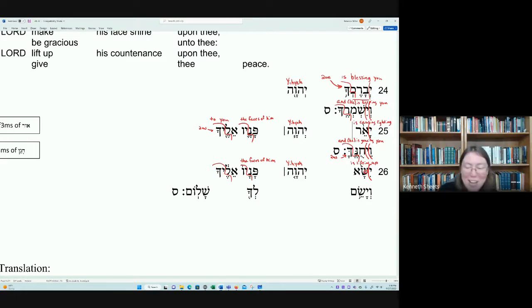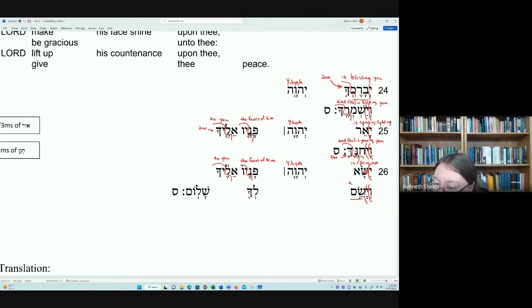All right. So then we also have eleka, to you. So he is lifting up the faces of him to you. And then here we also have wiyasem. Notice that we have the wow conjunction there. The third masculine singular imperfect performative, same, which is the idea of to set.